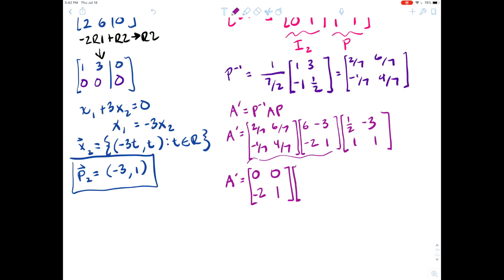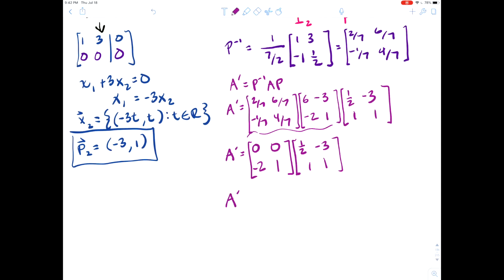And so A prime will be this matrix that we just found times 1/2, -3, 1, and 1. So A prime will be equal to 0, 0. And then -1 plus 1 is 0.